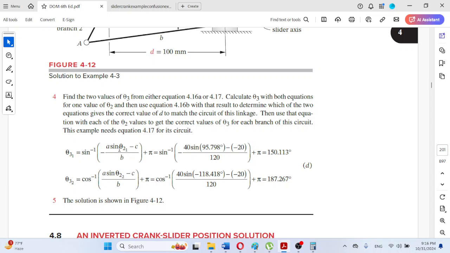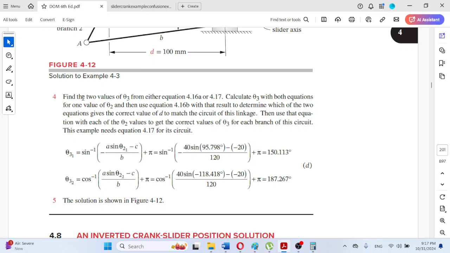But still, I will read this fourth clause: find the two values of theta 3 from either equation 4.16a or 4.17.